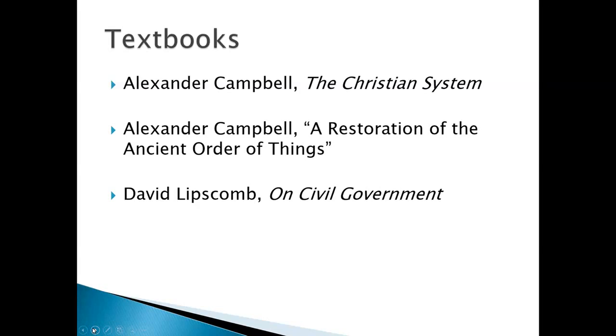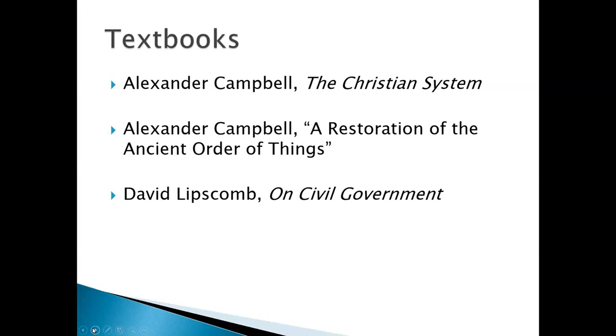The Christian System is kind of Campbell's, we might use the term systematic theology in some sense, in that he covers a variety of topics, attempting to examine the scriptural evidence about those topics. And it is a very broad work.